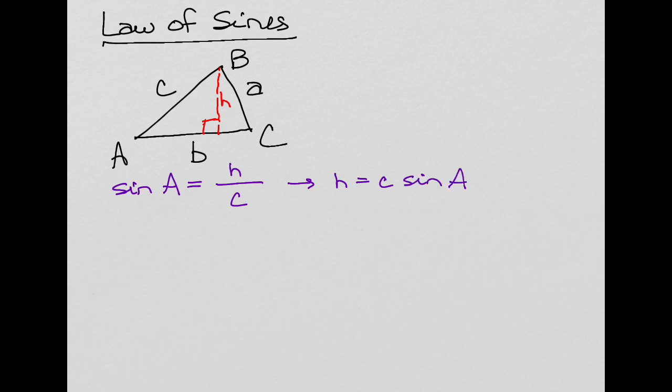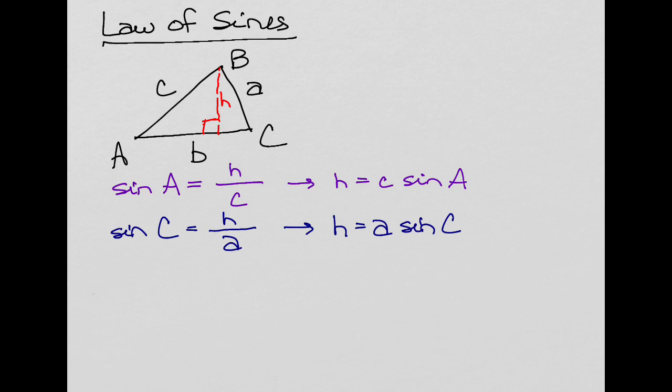Now I'm going to do the same thing with the triangle on the right. The sine of angle C now is its opposite side, which is also H, divided by its hypotenuse, which is A. I'm going to solve that one for H, and I get A times the sine of angle C. Well, if these two expressions are both equal to H, they must also be equal to each other.